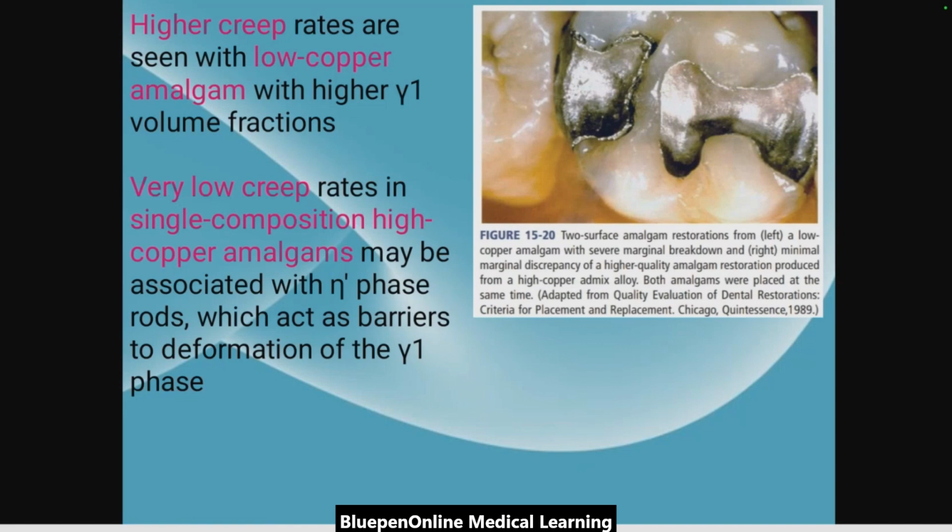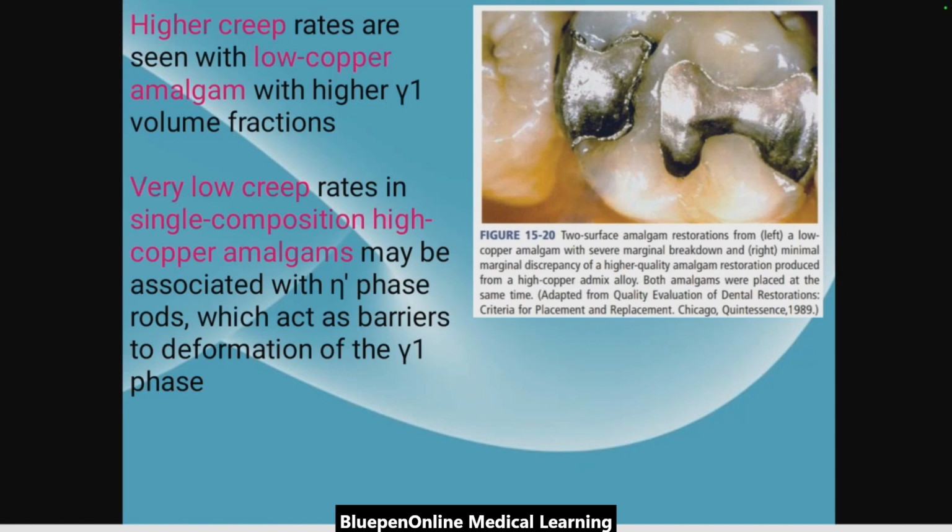This is because we have seen in the prior diagrams that eta phase is present in larger amounts in single composition high copper amalgam, and this eta phase has a rod-like structure which interlocks the particles of gamma 1 phase. As these particles of gamma 1 phase are interlocked by the eta phase rods, they will resist deformation under any stress.